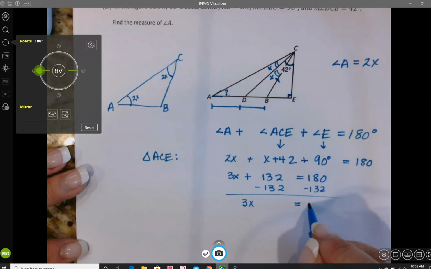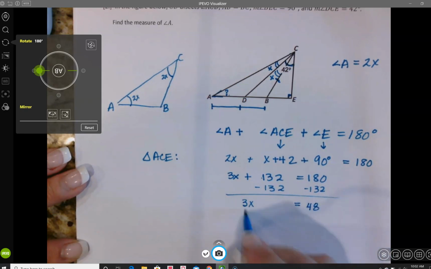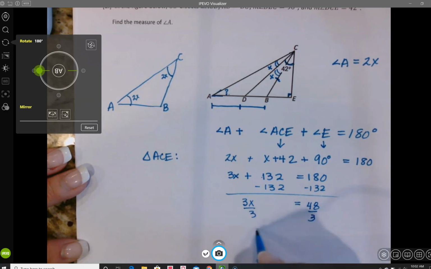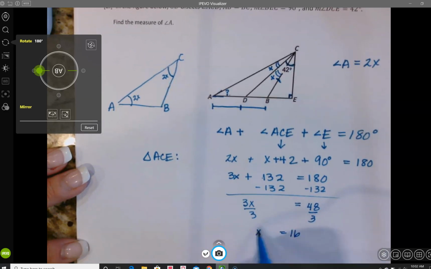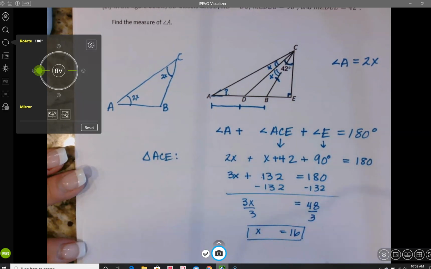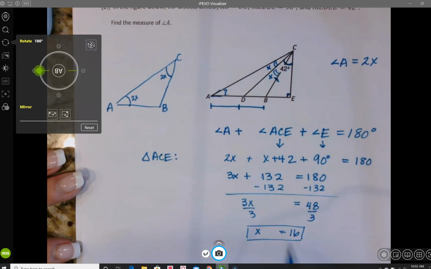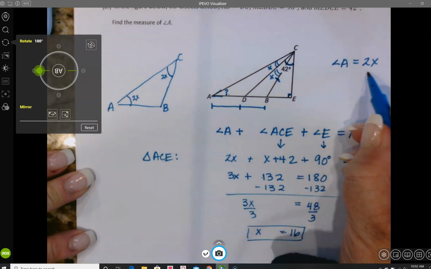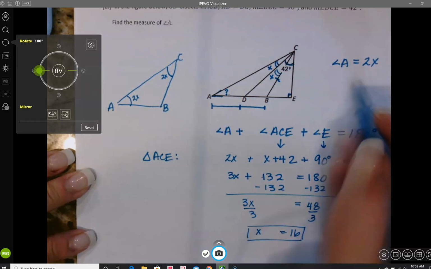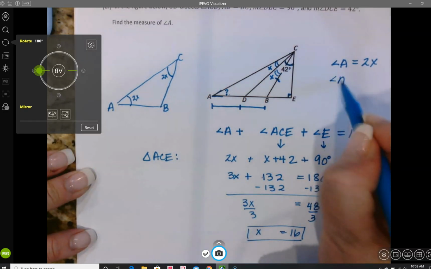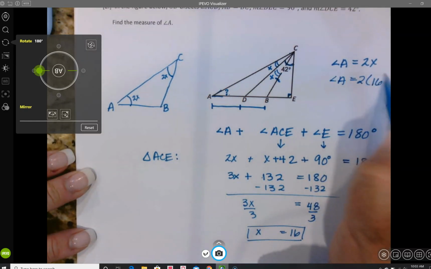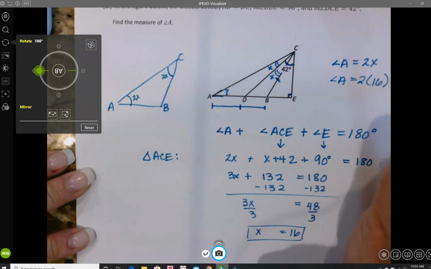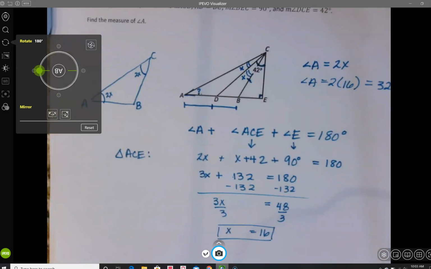So 3x is 48, and so 1x is 16. That's not really what the problem was looking for. The problem was looking for angle A, and since angle A is 2x, I substitute my solution in there, and I get angle A is 32 degrees.